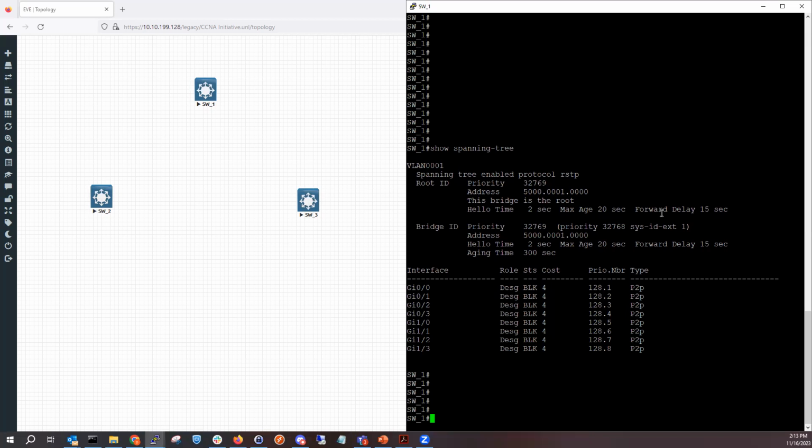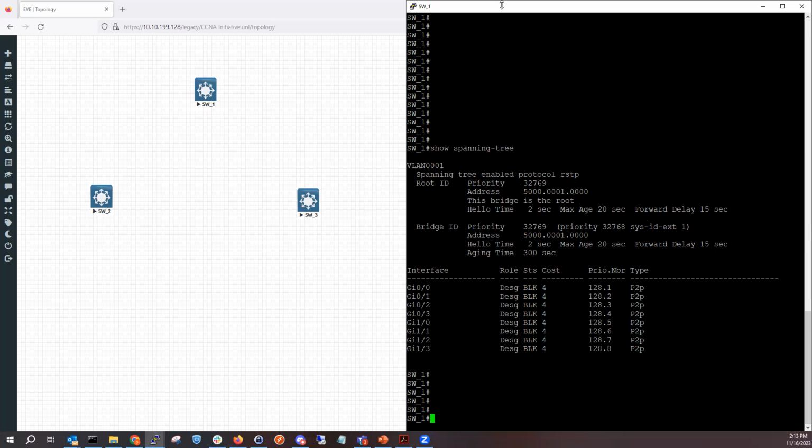But I'm going to enable what they call debugging for spanning tree, so we can see some events that are happening, some of the port roles that will be changing, some of the state changes, so we can start having a conversation about it and all of it can make sense.